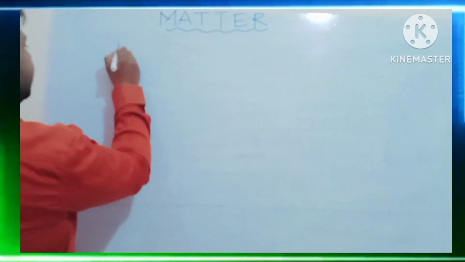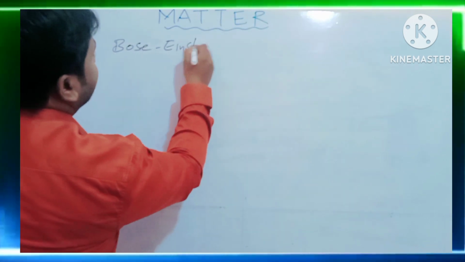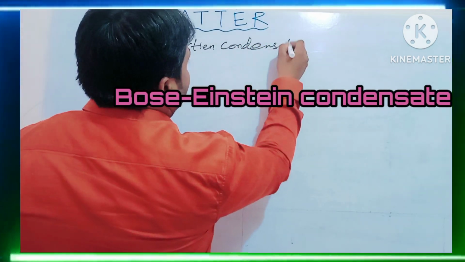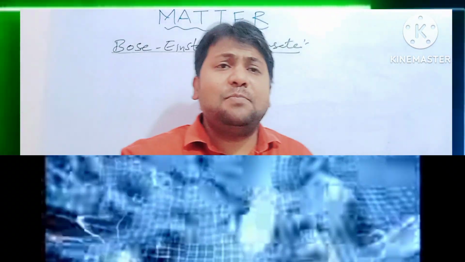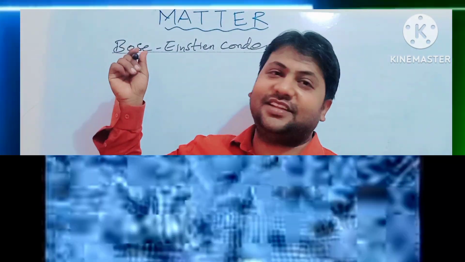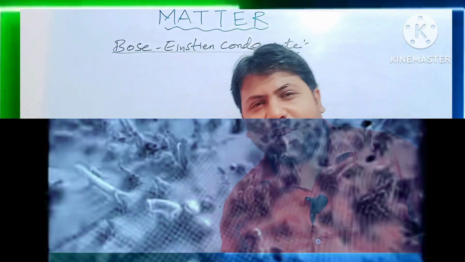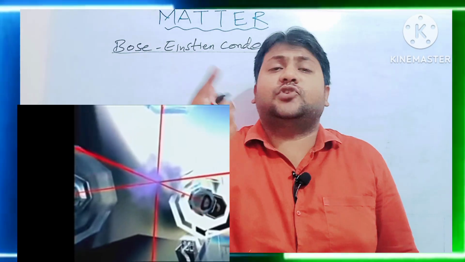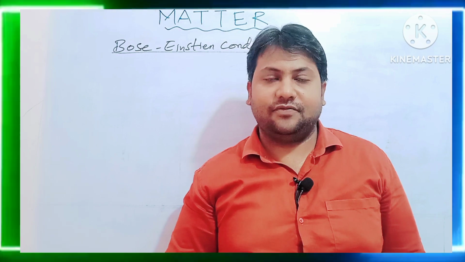So what is the fifth state of matter? That is Bose-Einstein condensate. To form plasma, we have heated it. In order to get this Bose-Einstein condensate, we should cool to a very low temperature, a hair above absolute zero, which is very difficult to obtain.